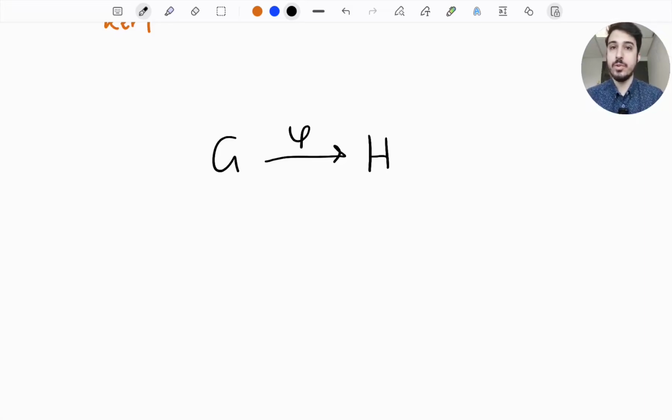So what we want to do is make it injective and surjective by changing some stuff. How do we make this map surjective? Well, the most obvious thing to do is change the codomain so that it's smaller, so that it contains only the elements that phi is mapping to. So this is the image of phi.